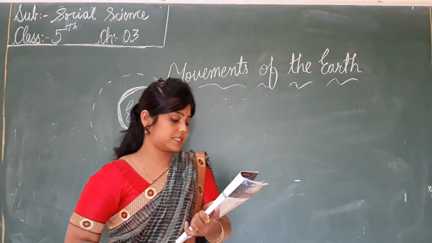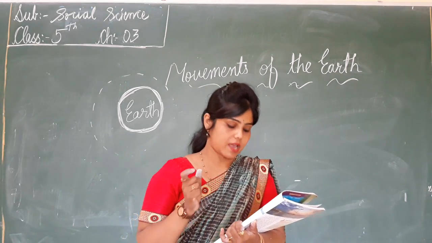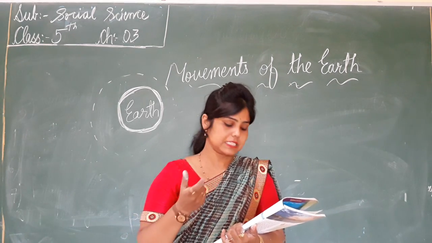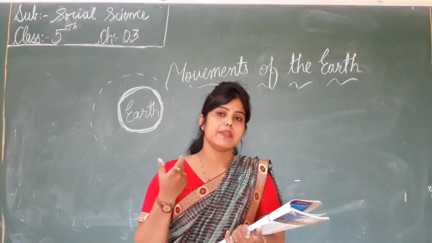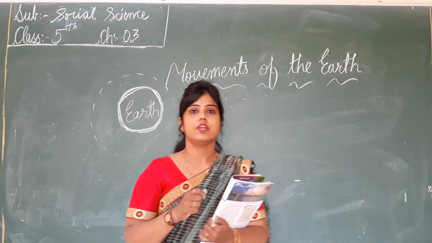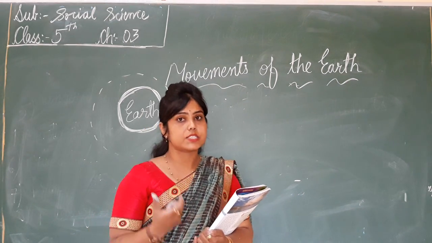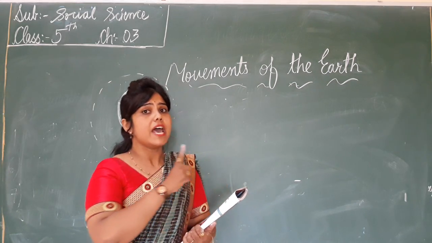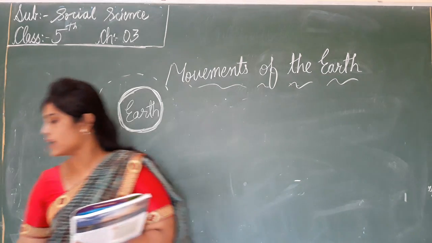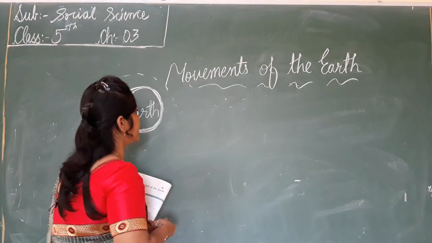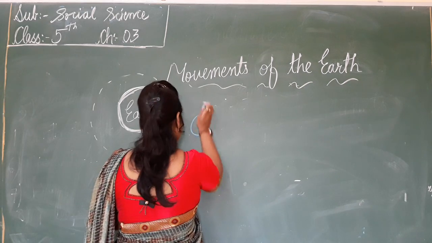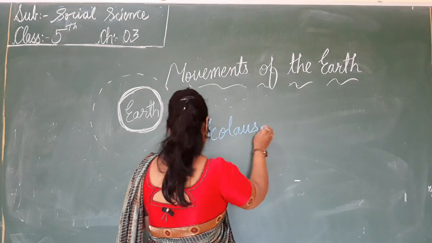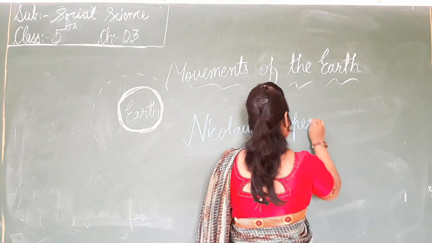Nicolaus Copernicus, a Polish astronomer, first said that the earth spins on its axis and moves around the sun. Who was the first astronomer to say that? Nicolaus Copernicus.